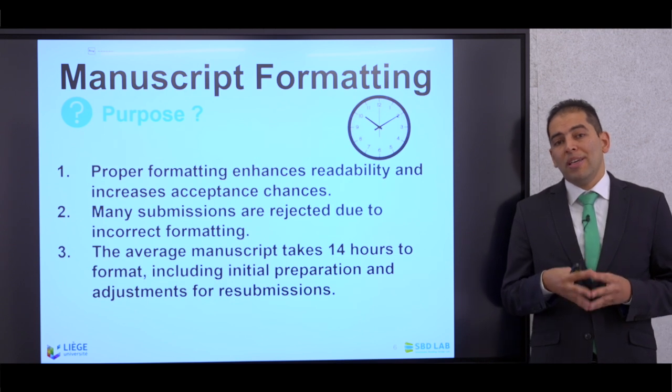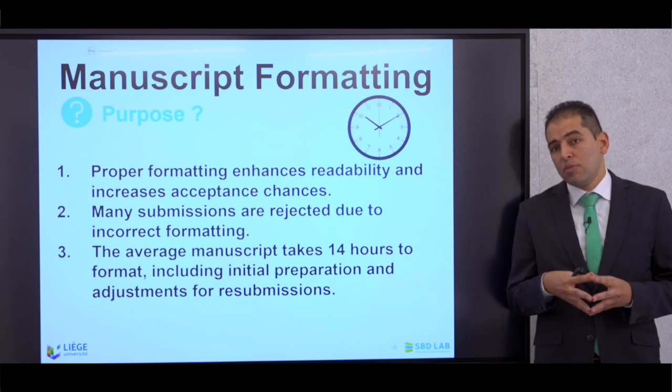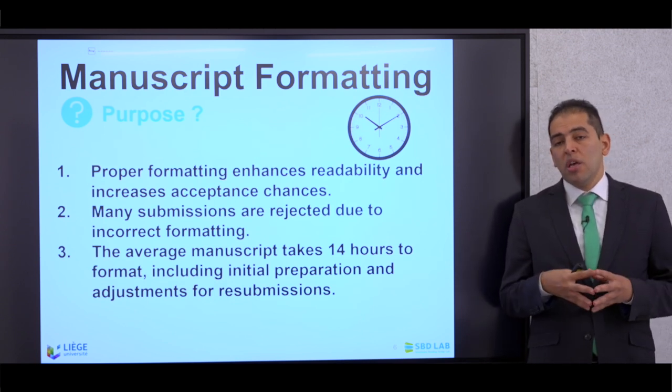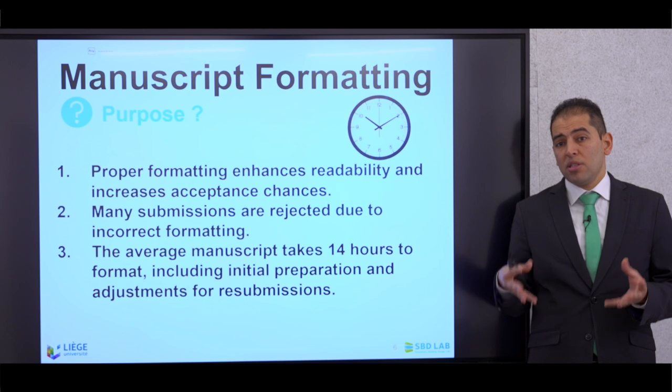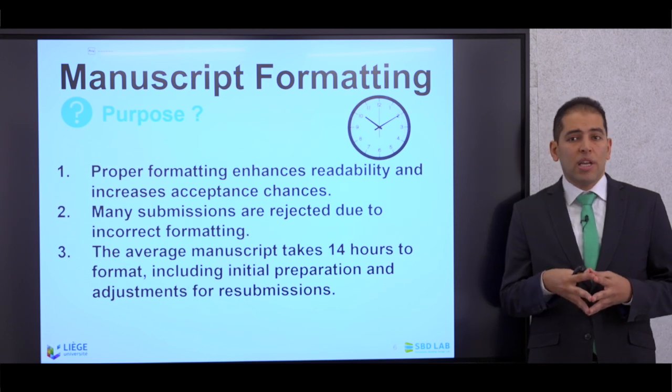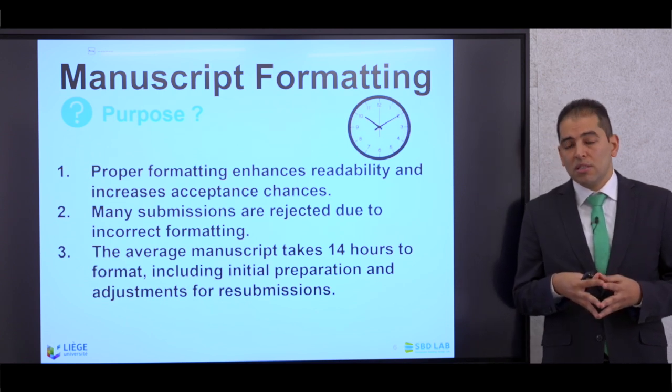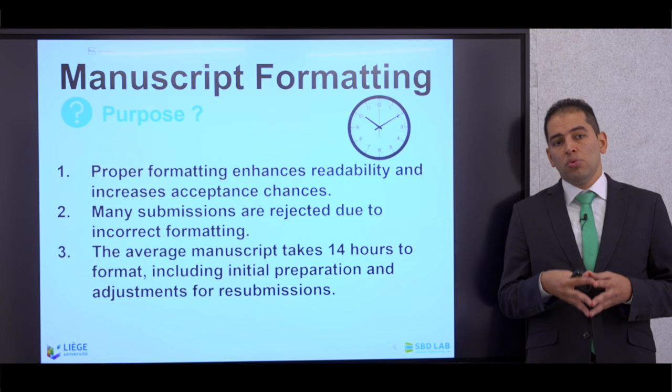14 hours are a lot, including the initial preparation and the adjustment for resubmission. If you ask anybody today if they are submitting a journal paper, they will tell you that just the submission process itself takes from 2 to 3 hours. So it is a tedious task, and it's important to plan it ahead.